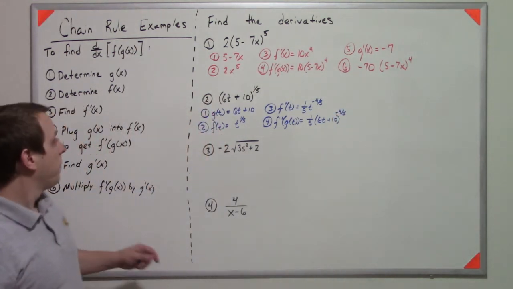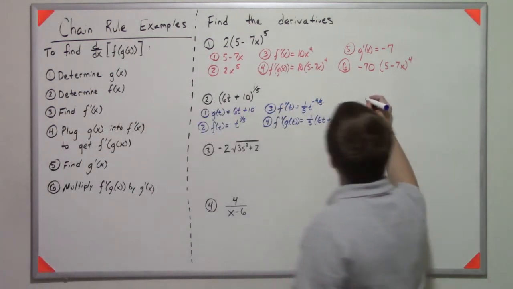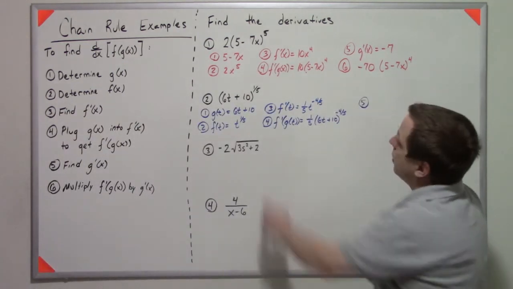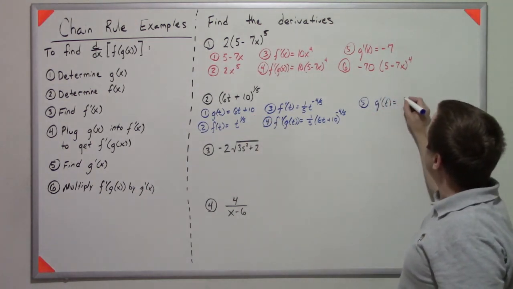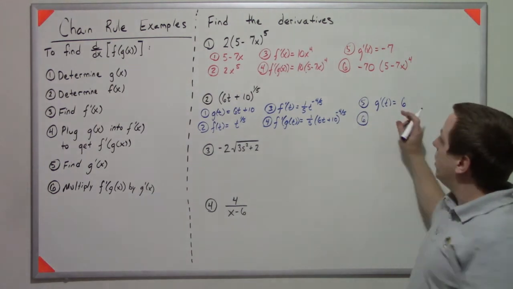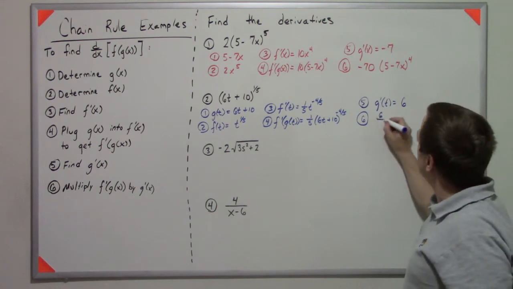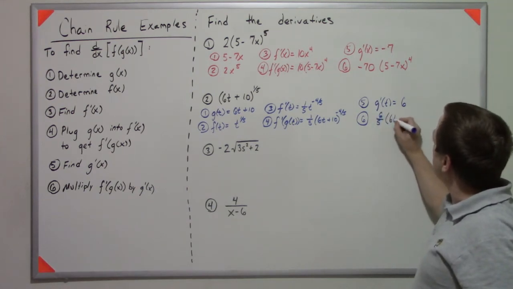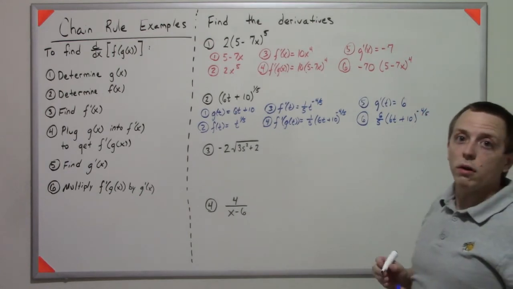Then I've got to find g prime. So g prime of t is 6. And then I multiply these 2 things together to get 6/5 times 6t plus 10 to the negative 4/5.